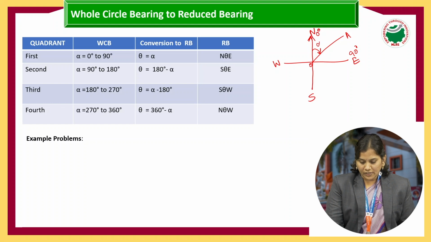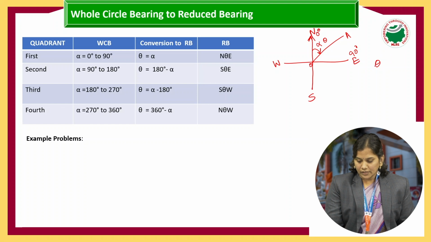If we denote this as alpha, in reduced bearing we are again measuring from north in eastward direction only. So that is theta. In the first quadrant, if the whole circle bearing lies in 0 to 90 degrees, alpha is equal to theta. But we have to give directions: north, theta, east.